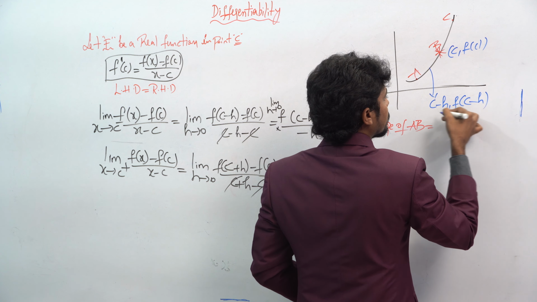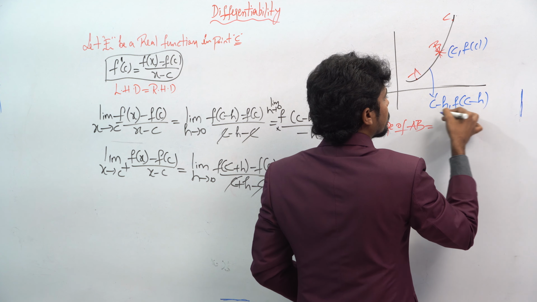Take these points as C comma f of C, and C minus h comma f of C minus h. So this is x1 y1, this is x2 y2. You already know how to find the slope: the change in y-axis divided by change in x-axis.